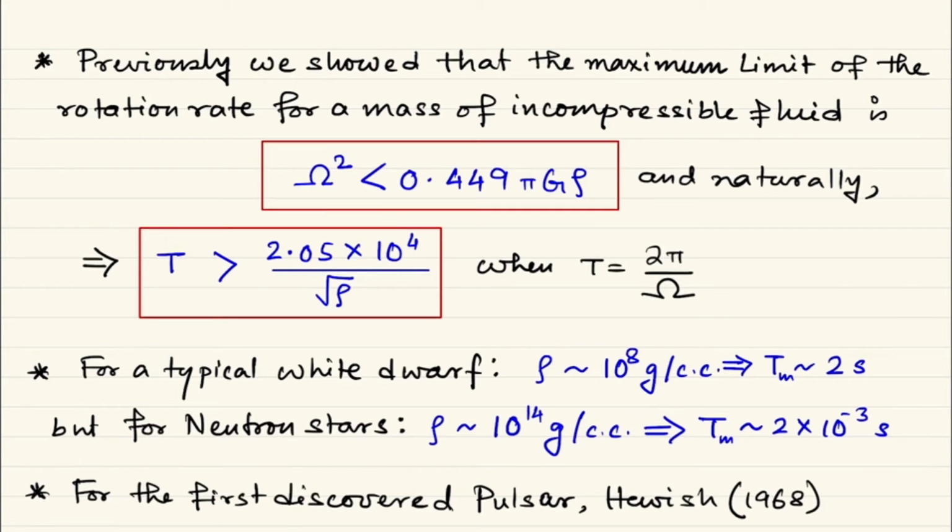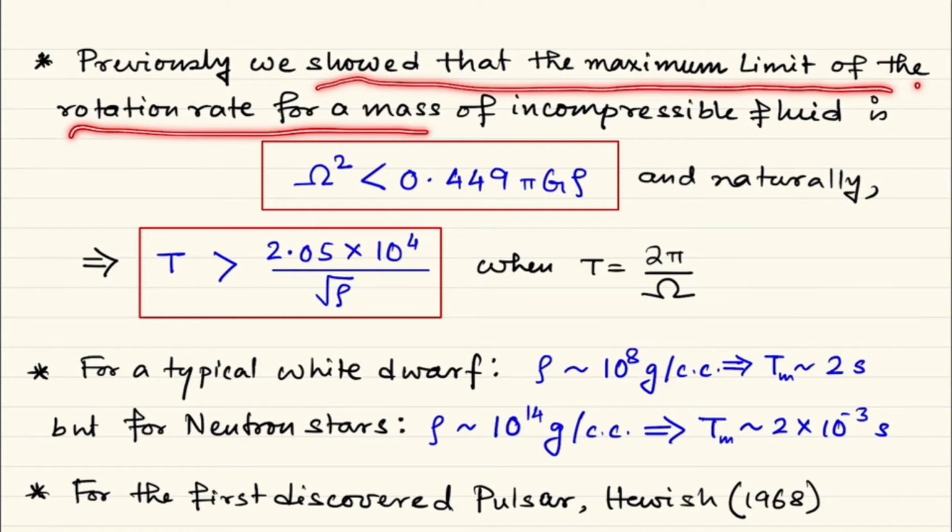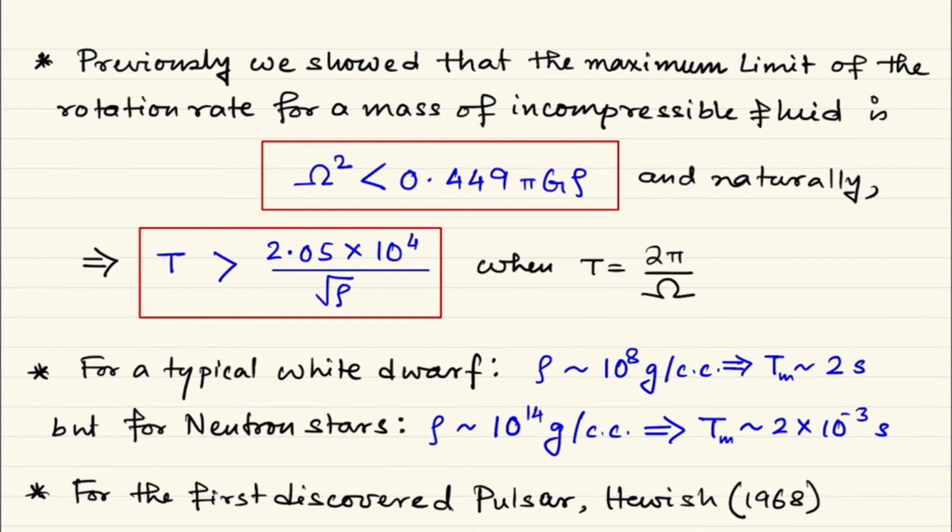We should recall that when we treated the possible spheroidal structure under the interplay of self-gravity and rotation, we showed that the maximum limit of the rotation rate for a mass of incompressible fluid is given by omega square less than 0.449 pi G rho.